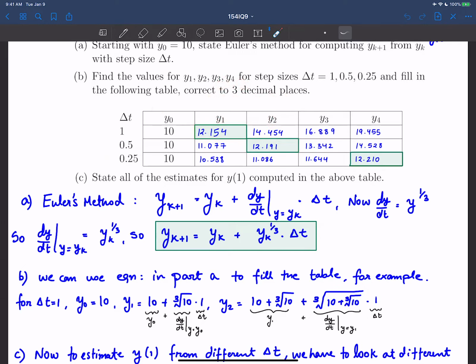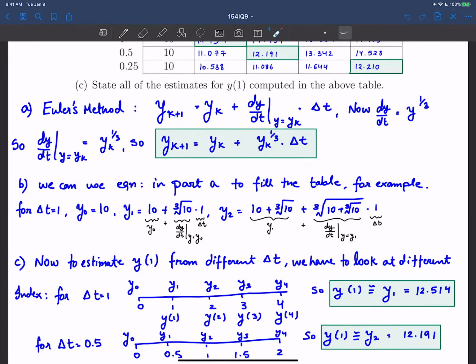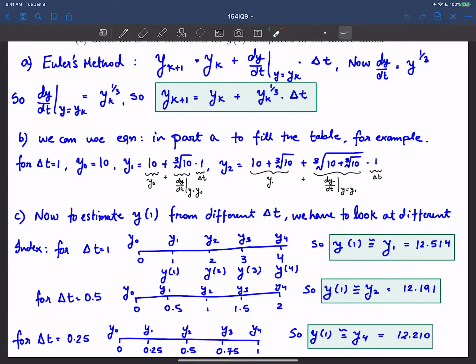But now when you're doing it for 0.25, because it's going to start at 0, then 0.25, then 0.5, and then 0.75, and that's going to be 1. So y of 1 is pretty much the estimate on the very fourth step for 0.25. So that's how I label it up here. For different delta t, we have different indices.